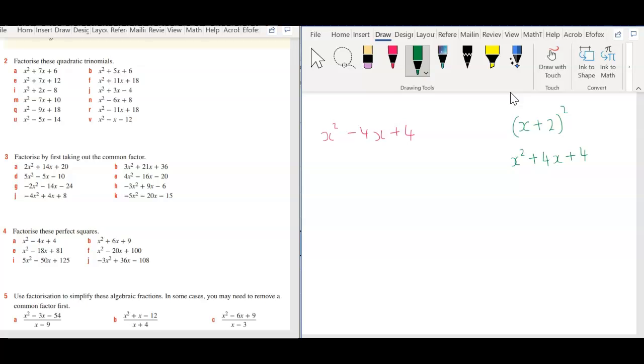So in general terms, if we had a plus b squared, we're going to have a squared plus 2ab plus b squared.